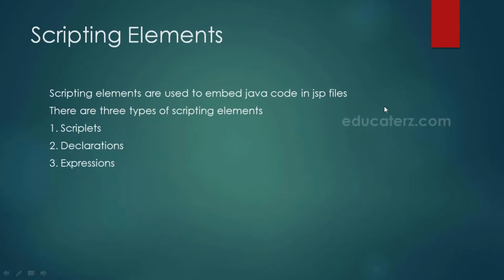Like just now, we have seen an example of adding two numbers which were written inside a scriptlet. Scriptlets are basically used to write Java code. There are three types of scripting elements: scriptlets, declarations, and expressions.